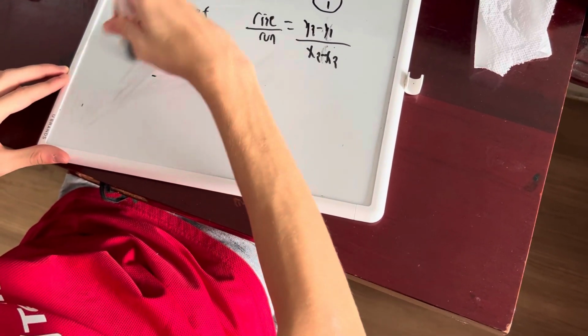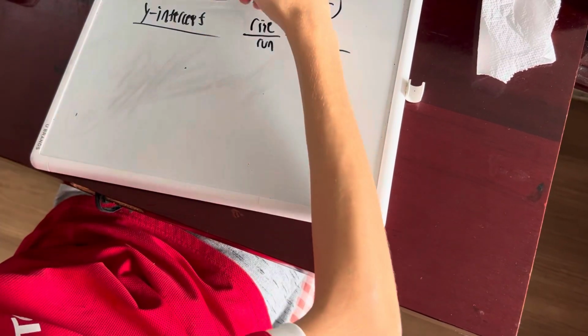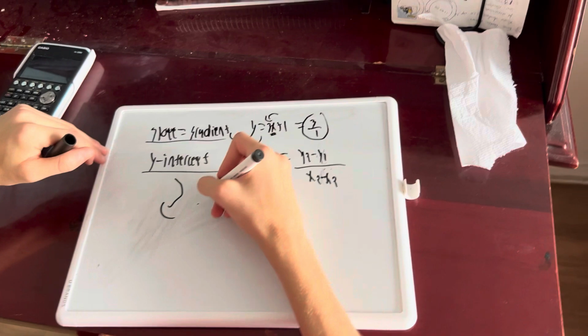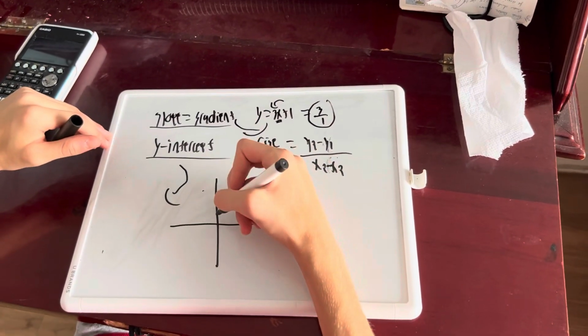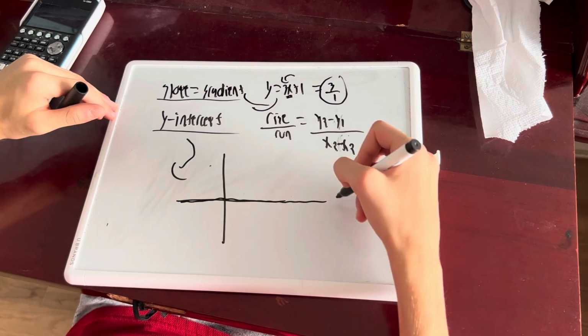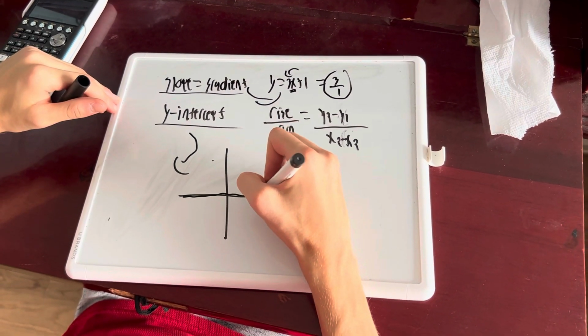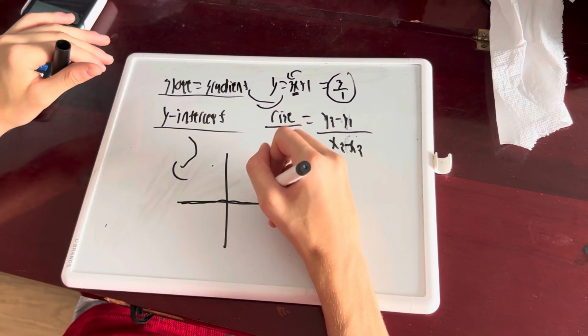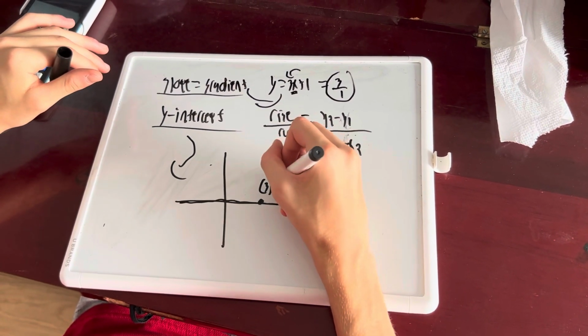And now what is the y-intercept? If we have our coordinate plane, these values in our x-axis are called the x-intercept, because if we have this point right here, say this is 3, we know that our y is 0.